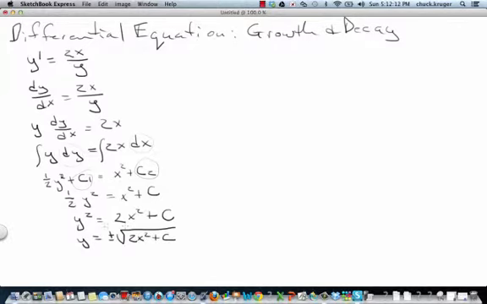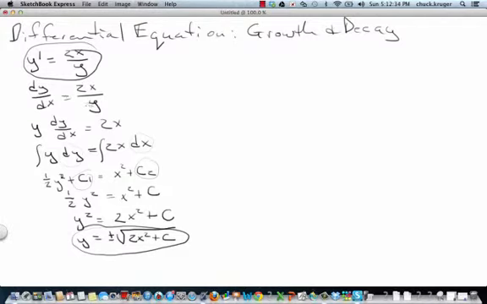So this is my general solution to this differential. That's what we say. So if I put my y value and my x value in here, it should simplify into this expression.